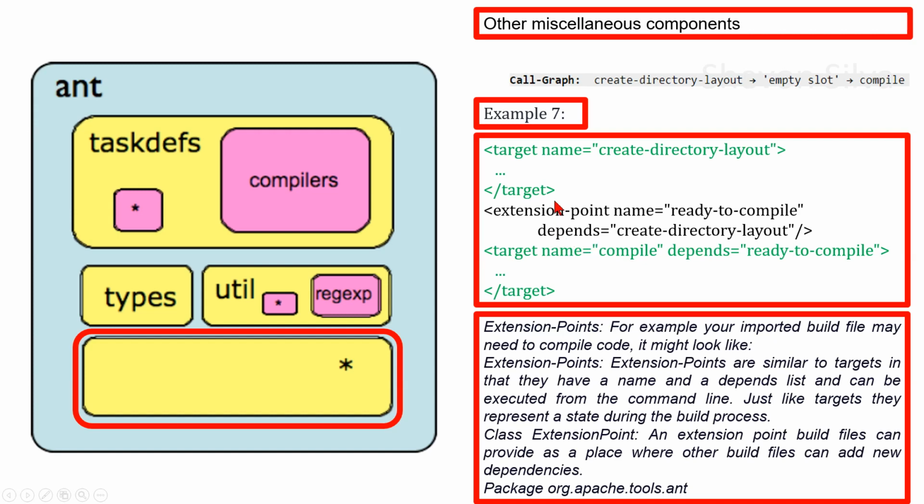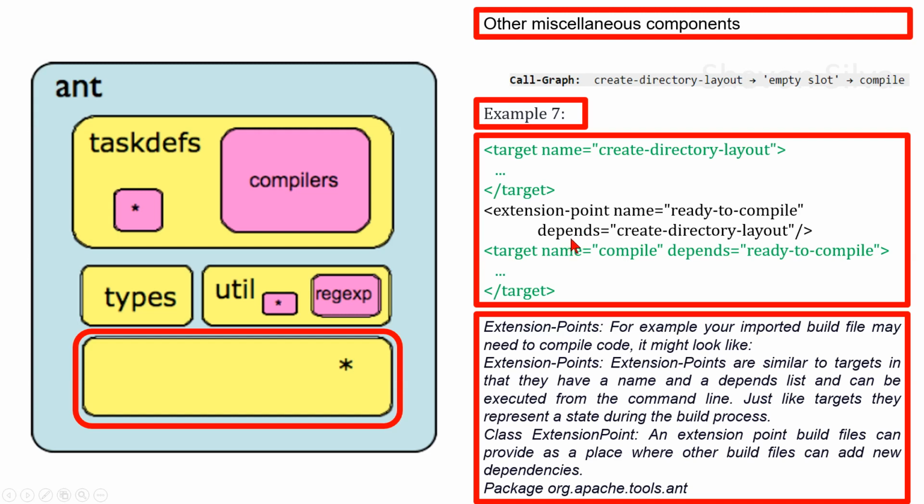The targets that add themselves will be added after the targets of the explicit depends attribute of the extension point. If multiple targets add themselves, their relative order is not defined.